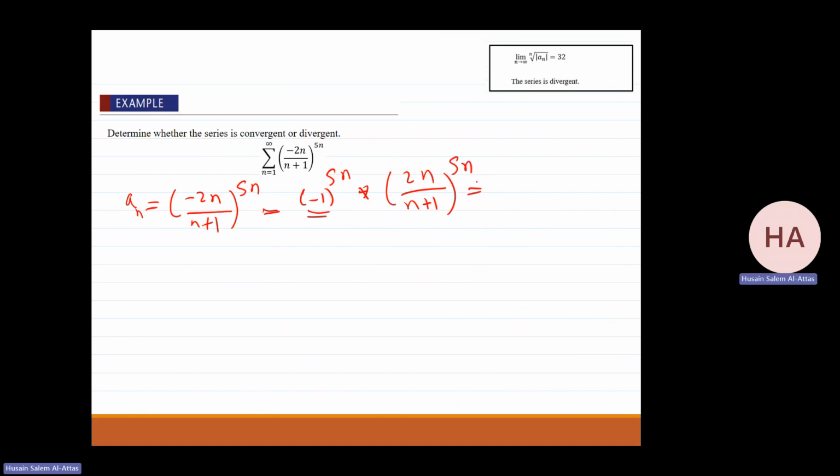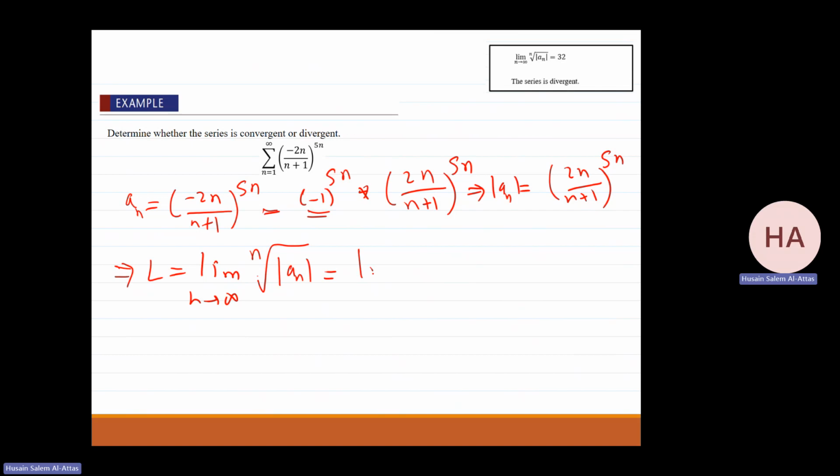So the absolute value of a_n will be this, since n is positive. Now L is the limit as n goes to infinity of the nth root of the absolute value of a_n, that will be the limit as n goes to infinity of this.